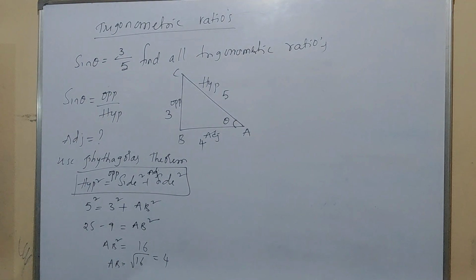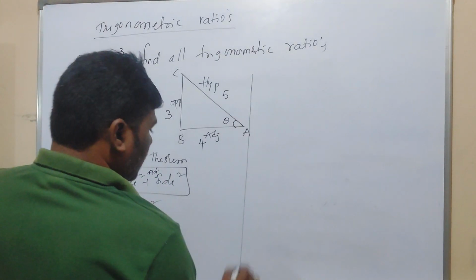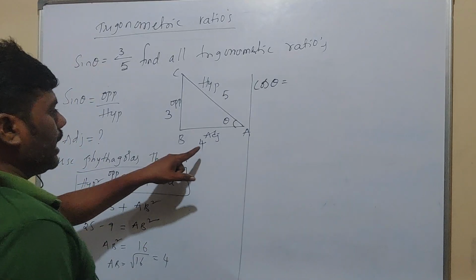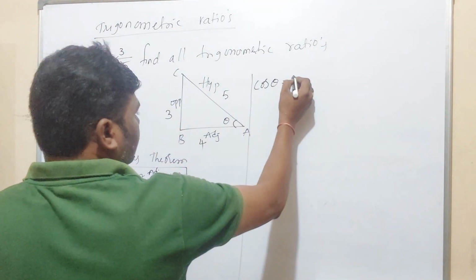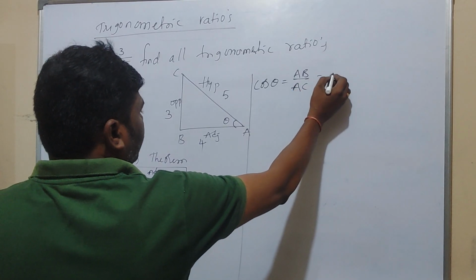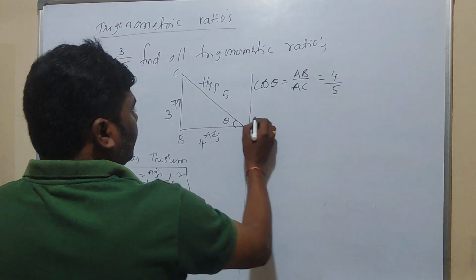Now find the remaining ratios. Write them down. Cos theta equals adjacent by hypotenuse, which is AB by AC, equals 4 by 5.